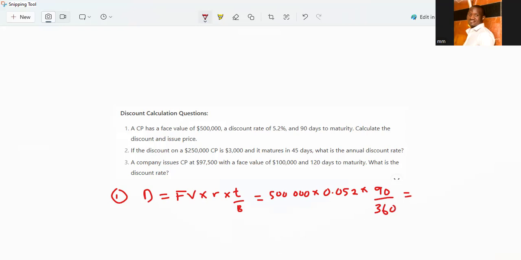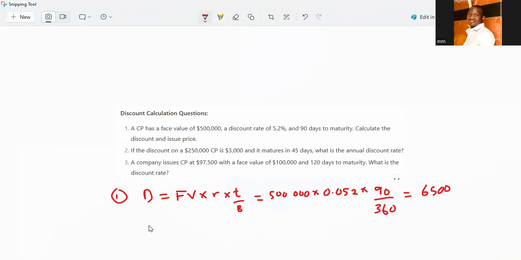So here we calculate the discount value. What do we get there? We get 6,500. This is how we calculate it, 6,500. That is what we call the discount.